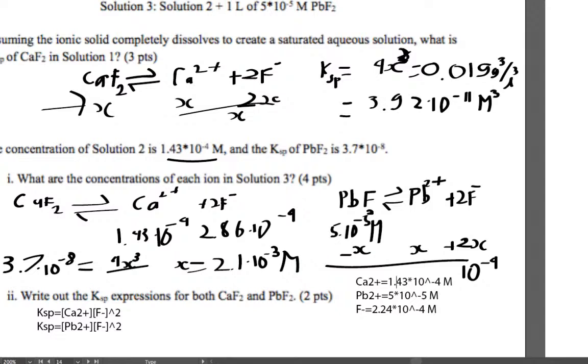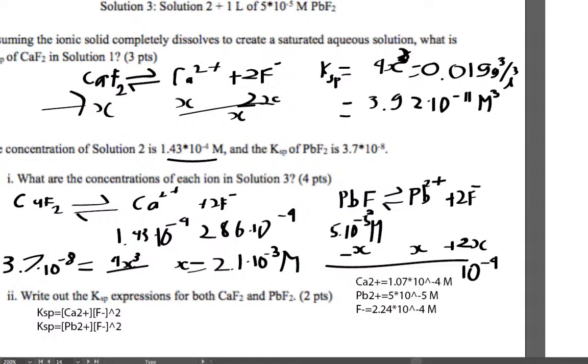So that would be 1.07 times 10 to the power of negative 4.